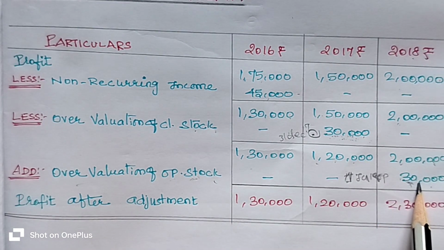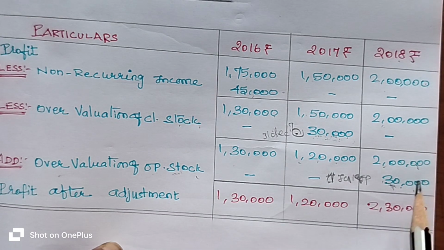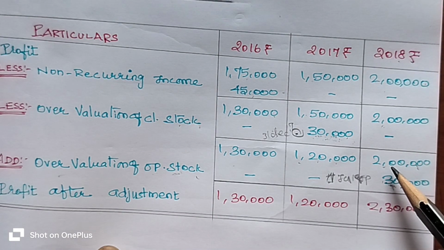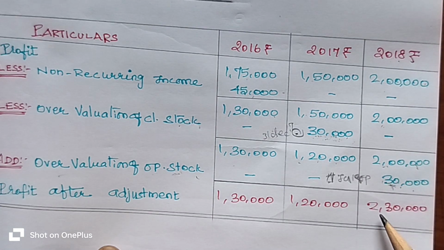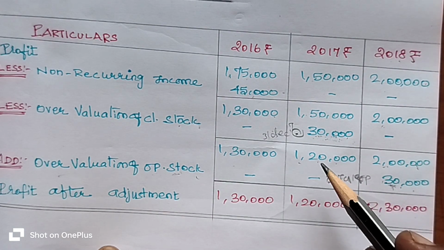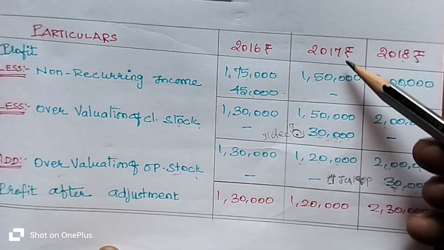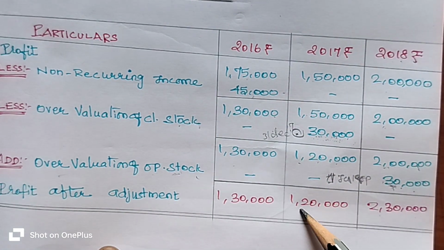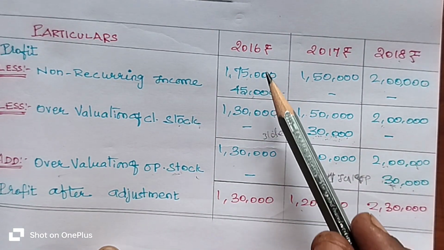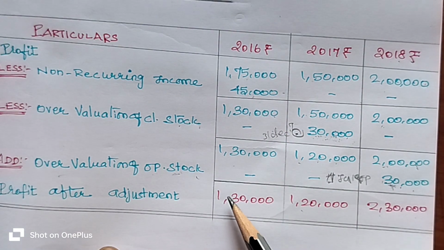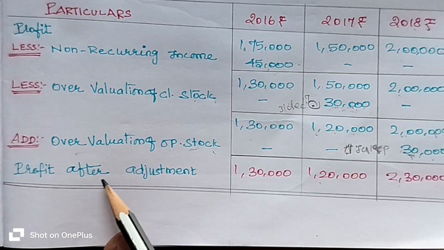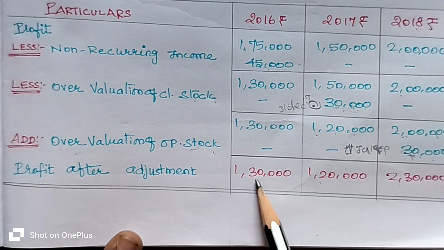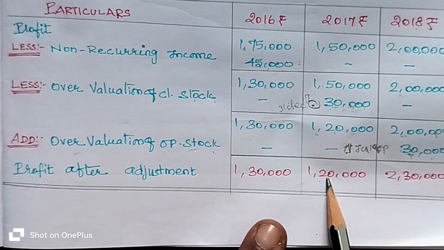After adding 30,000 rupees to 2 lakh, you will get 2 lakh 30,000 rupees. For the other years you enter the amounts: 2017 is 1 lakh 20,000 rupees, and 2016 is the same, 1 lakh 30,000 rupees. So this is the profit after adjustment: 1 lakh 30,000, 1 lakh 20,000, 2 lakh 30,000 rupees.